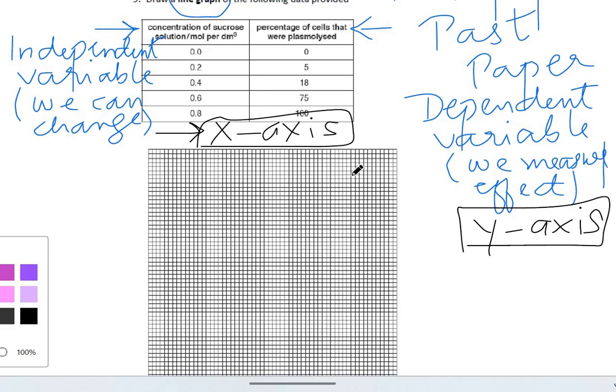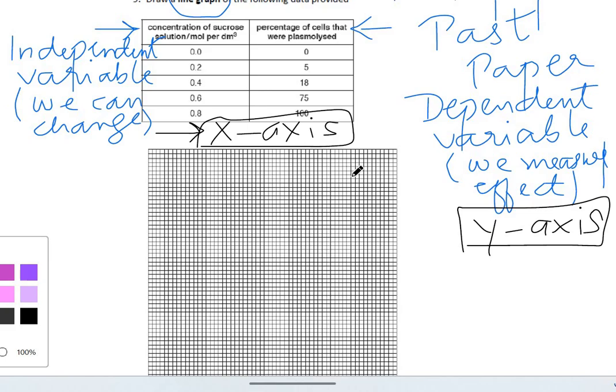Now let's look at which is the independent variable and which is the dependent variable. Concentration of sucrose solution is the independent variable. Why? Because we can increase or decrease the concentration of sucrose solution.